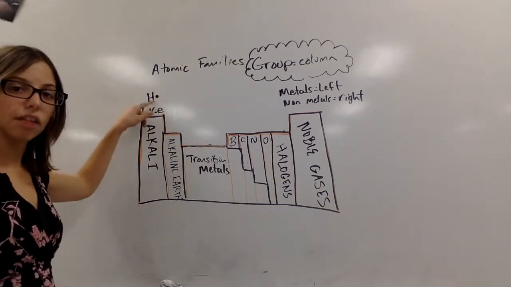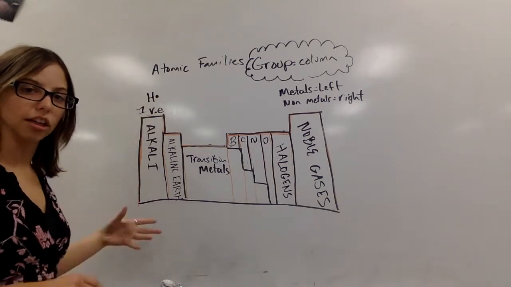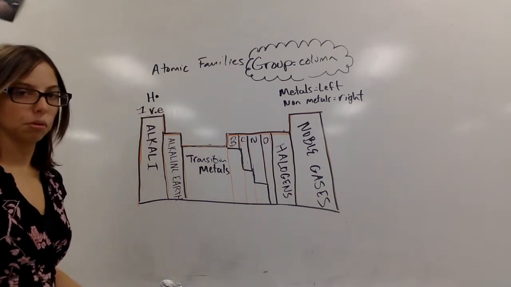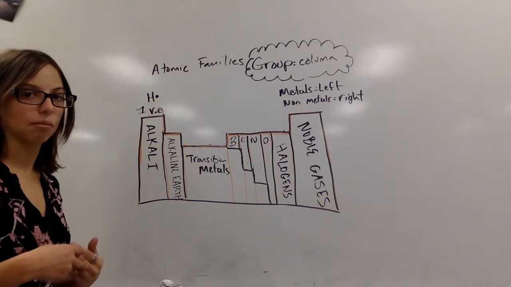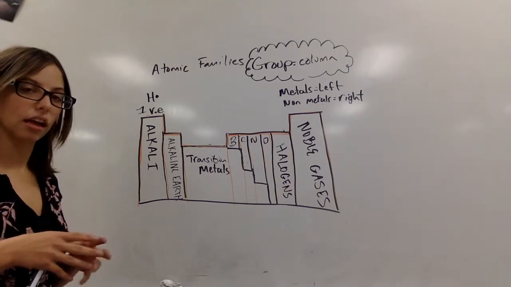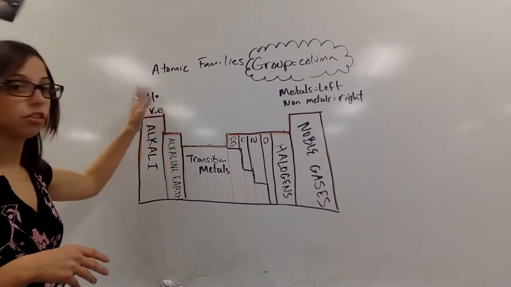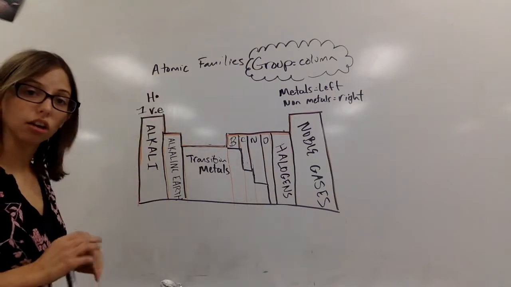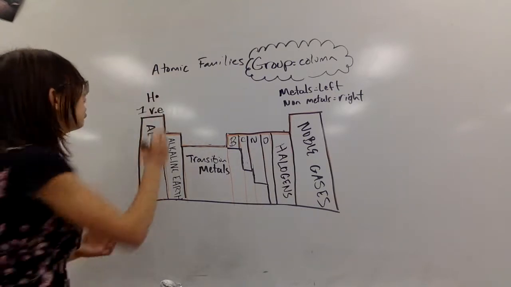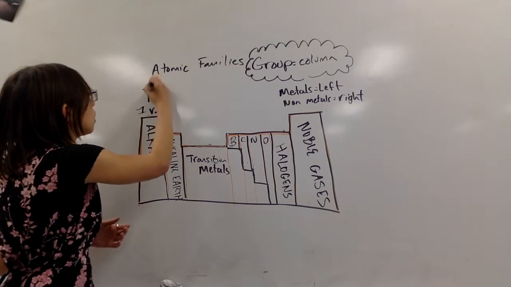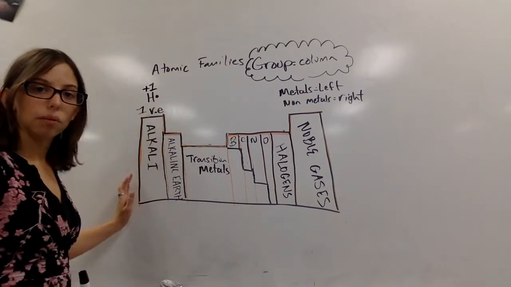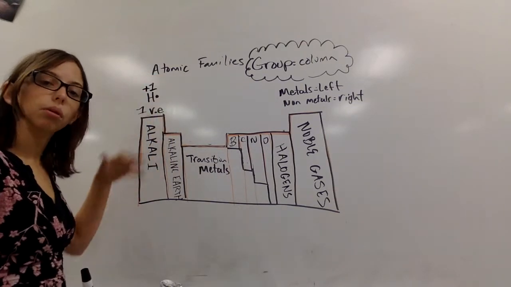This is not a stable state for it. In order for it to be stable, the outer shell has to be full. Well, in order for it to be full, it would have to pick up at least 7 more if it's on that second level. So it would be much easier for it just to get rid of 1 electron, which is what it does. So every alkali metal will always have a charge of positive 1 when it becomes an ion.